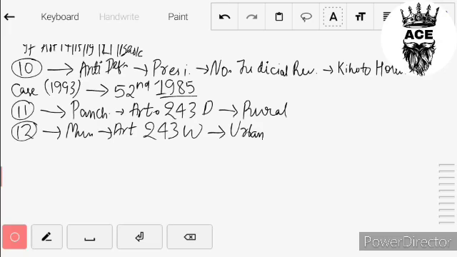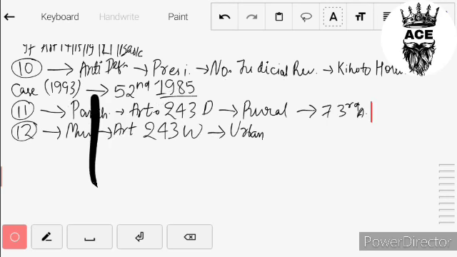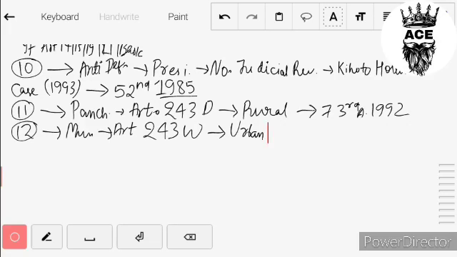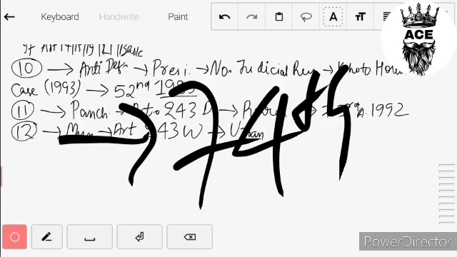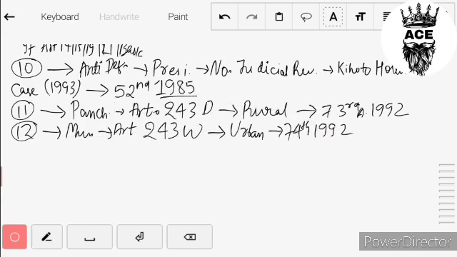And this was added by the 73rd amendment act, which was in 1992. And this was added in the 74th. The year is the same, that is 1992.